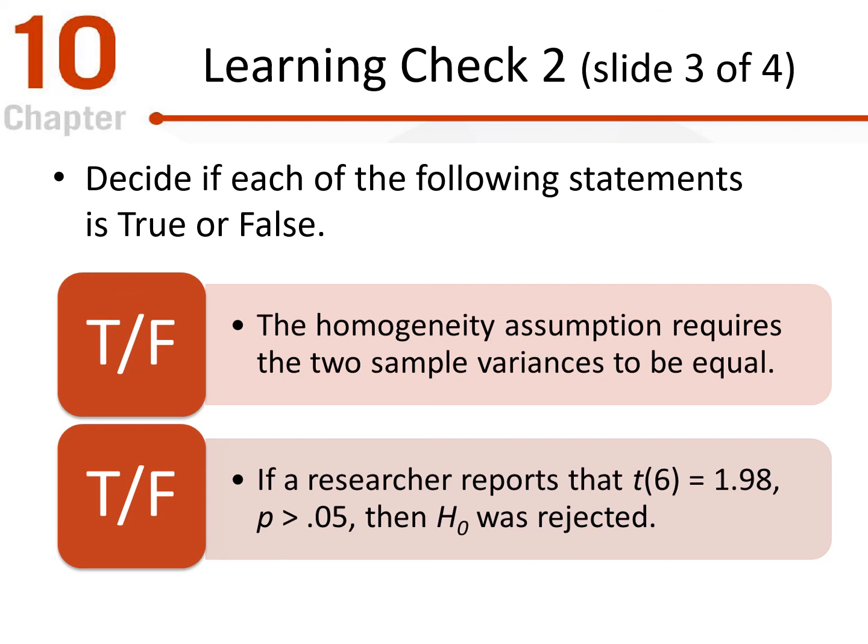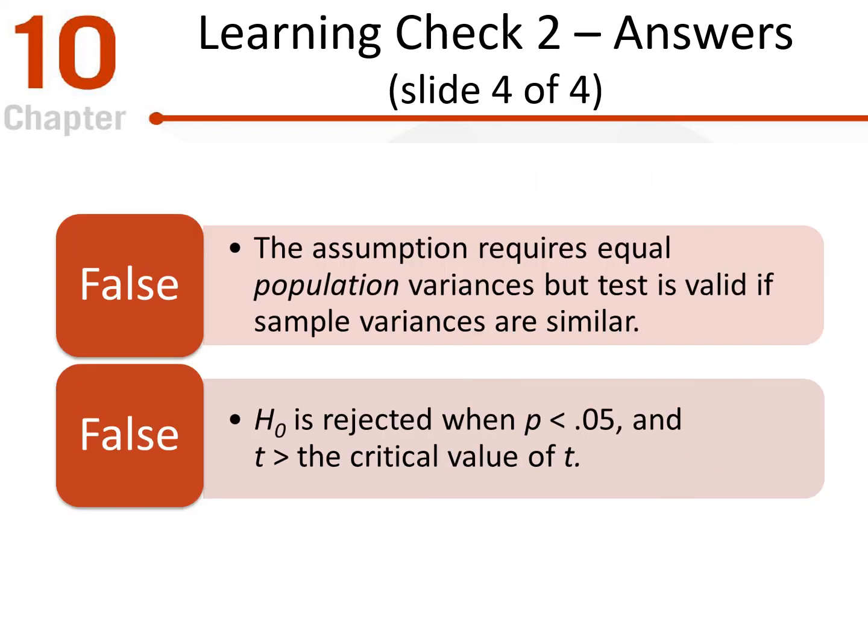And if the researcher reports that t of 6 is 1.98, p is greater than 0.05, was the null rejected at p greater than 0.05? The answer is no, right? You'd want the probability to be less than 0.05 for you to reject the null hypothesis. And that's what we have here.